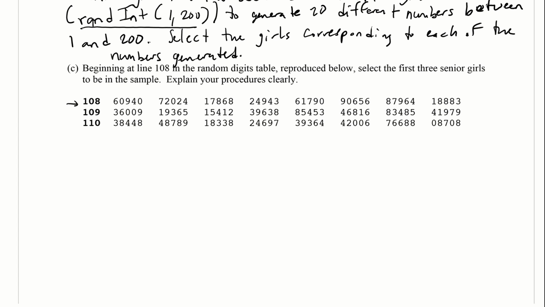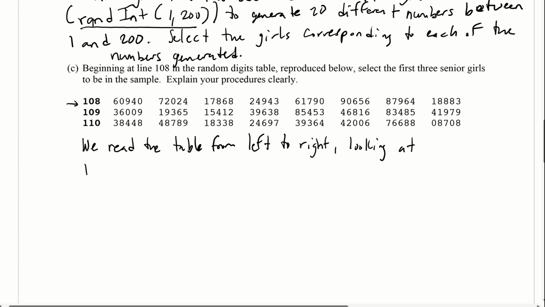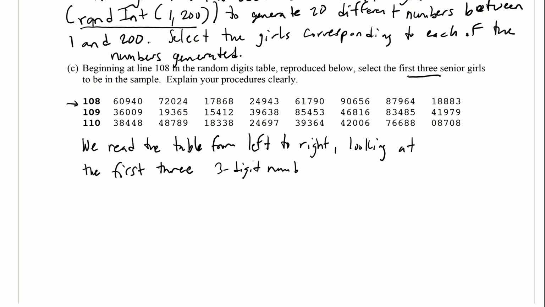So we read the table from left to right, looking at the first 3-digit numbers, since we want 3 senior girls, between 001 and 200.